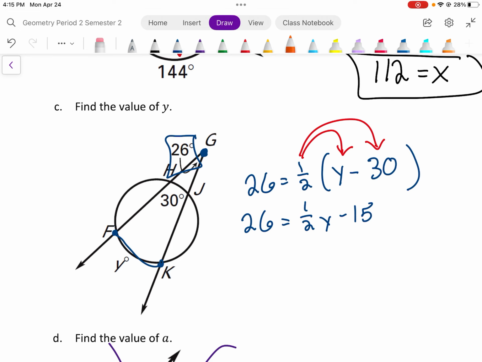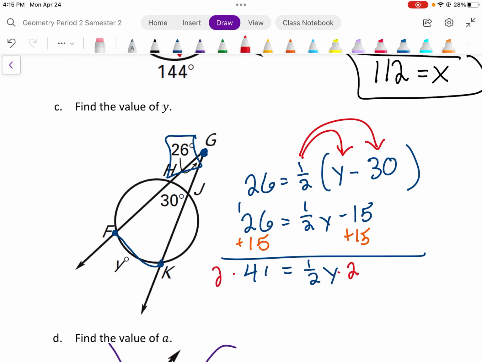Then we're going to add the 15 to both sides. That's going to give us 41 equals half y. And then we will multiply both sides by 2. That gives us 82 for our y value.